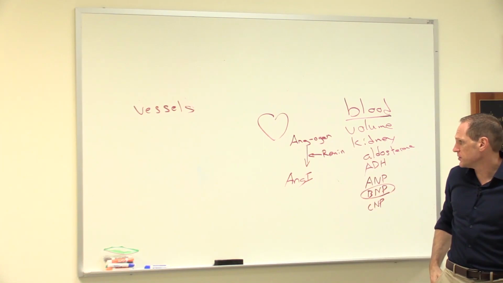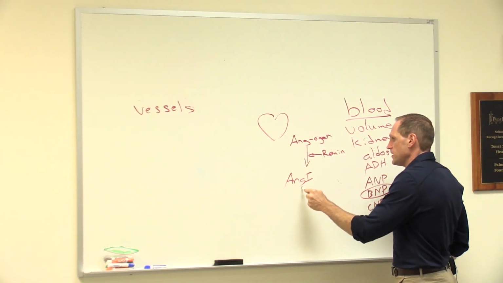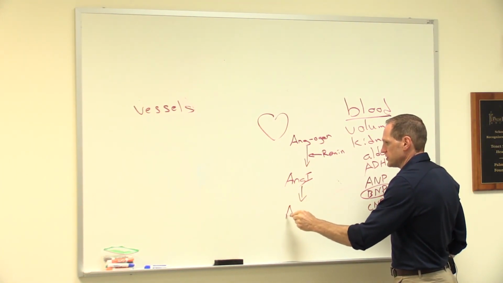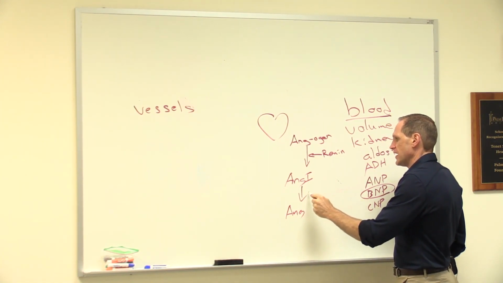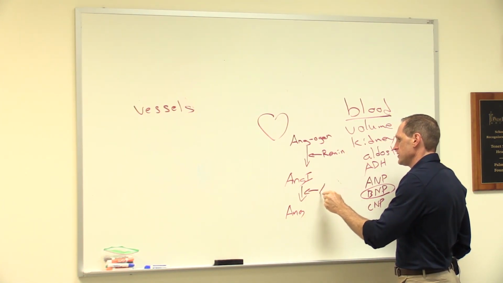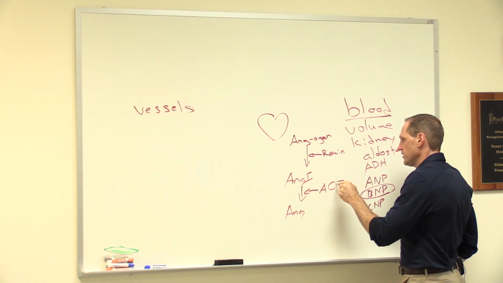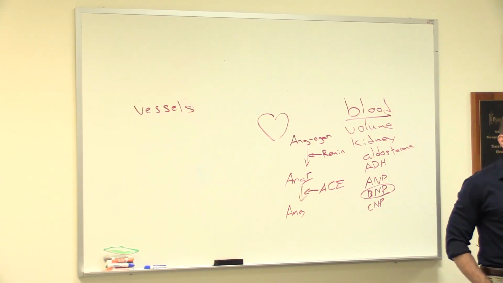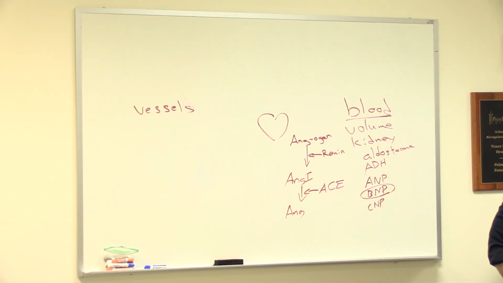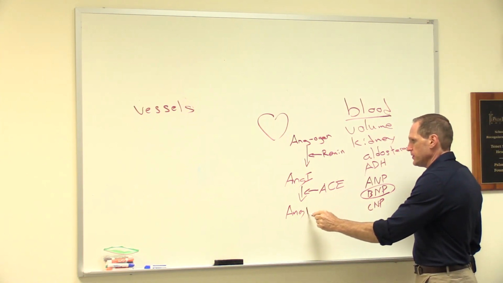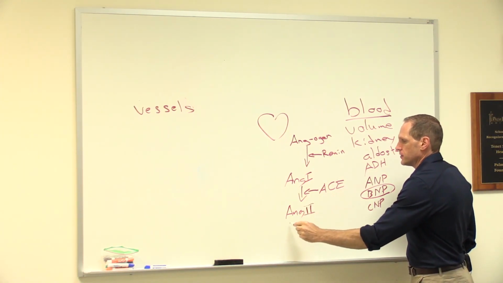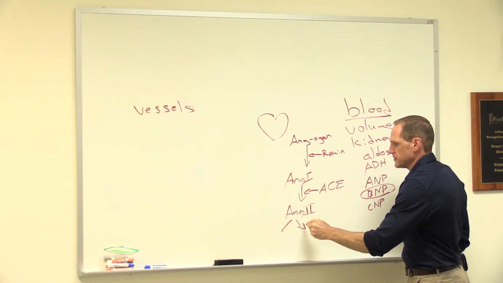Now, angiotensin 1 is going to be converted into angiotensin 2 by an enzyme conveniently named angiotensin converting enzyme, or ACE for short. Angiotensin 2, in turn, has a number of effects.